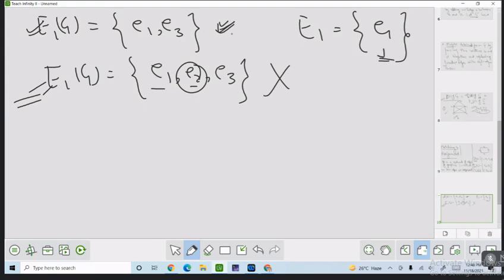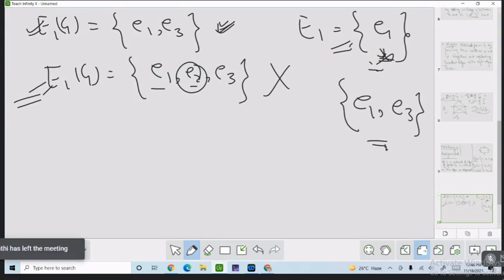But if I add one edge, suppose to this edge I add E3, it is still a matching. So the single edge is not a maximal matching. This collection is a matching, but it is not a maximal matching. Are you getting my point? Any doubt? No. So this one is the matching.